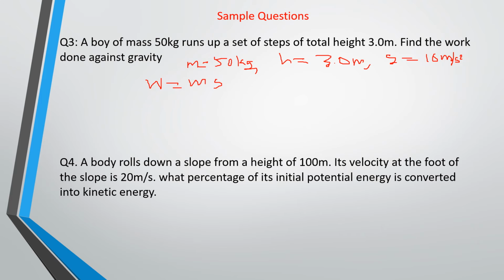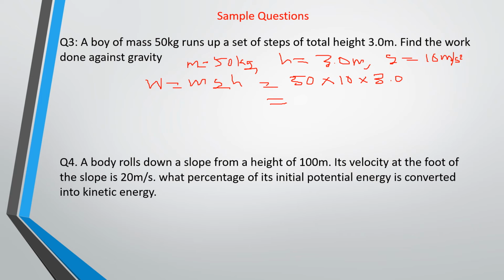So your work done is equal to mgh, which equals 50 multiplied by g, which is 10, multiplied by the height, which is 3.